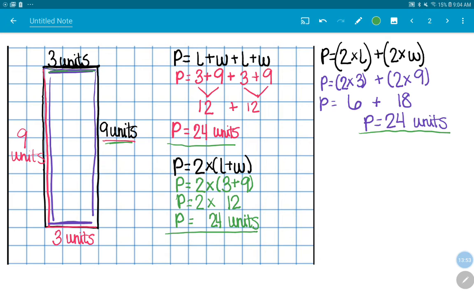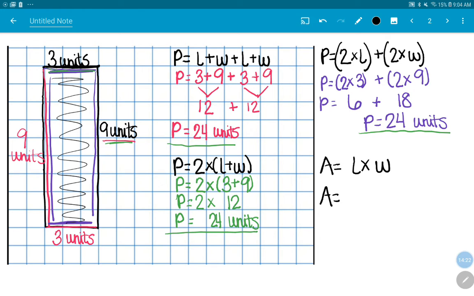So how would I find the area of that same rectangle? Remember, area is the number of square units that are on the inside. Perimeter measures around the outside. Area measures the inside. To find area, we multiply the length times the width.